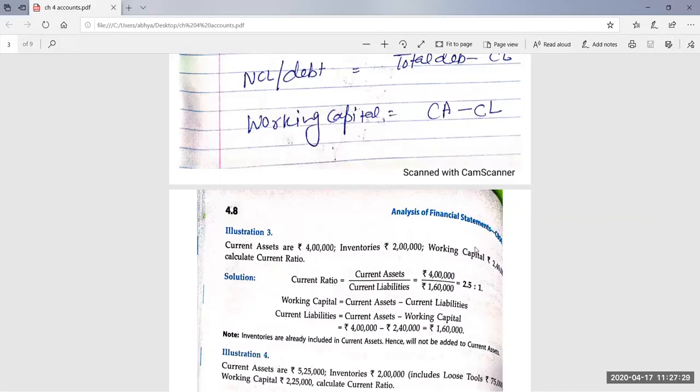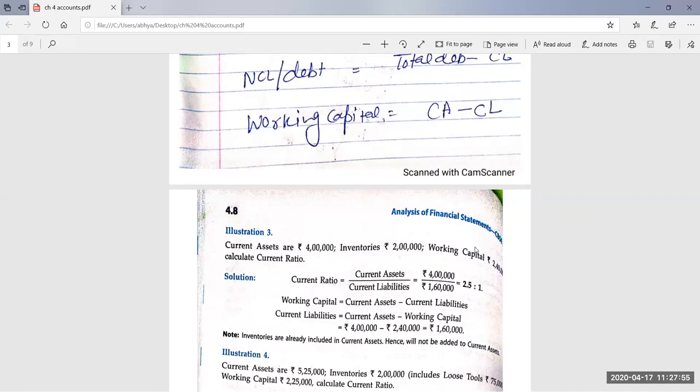Example number 4, where current assets are given 5,25,000. Just give me the answer on private chat. Inventories 2 lakh, includes loose tools 75,000.